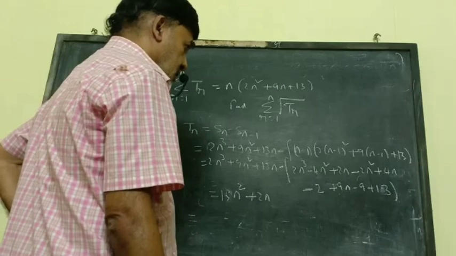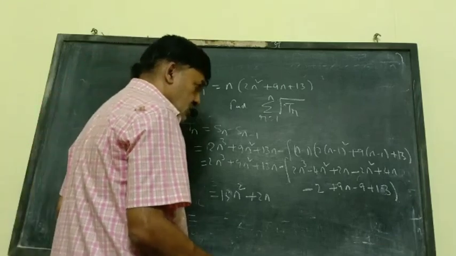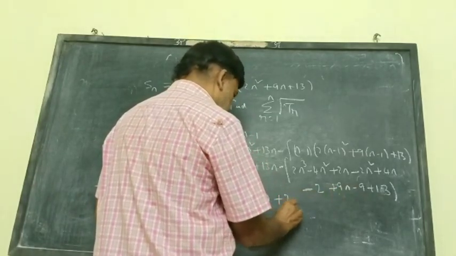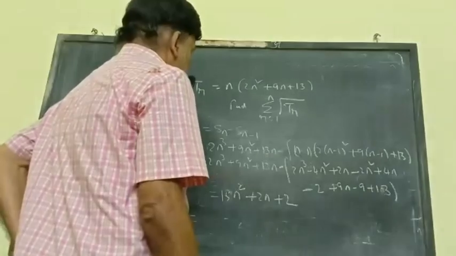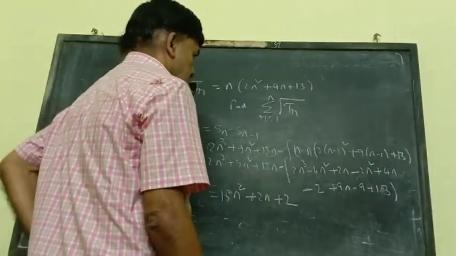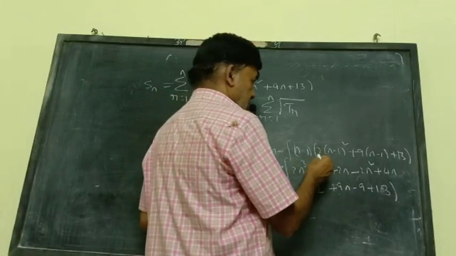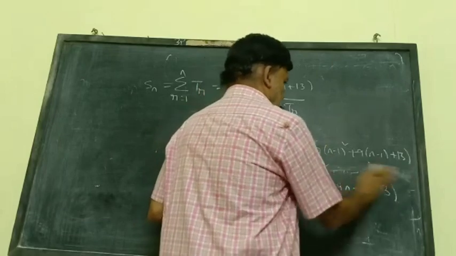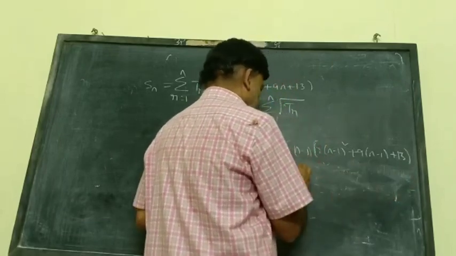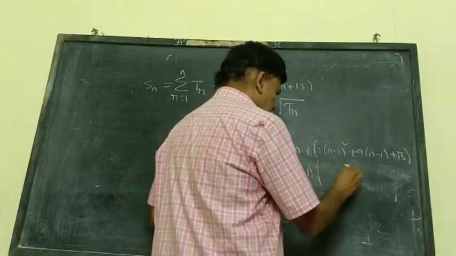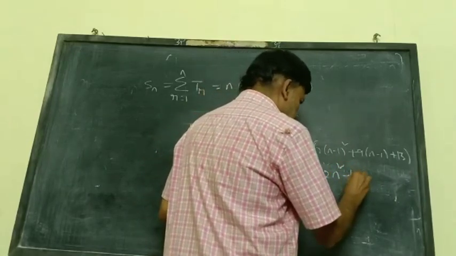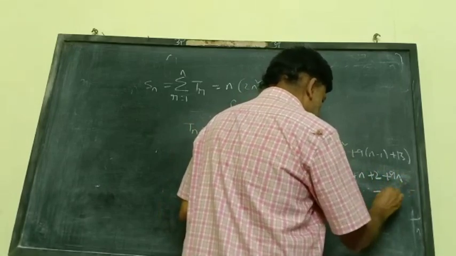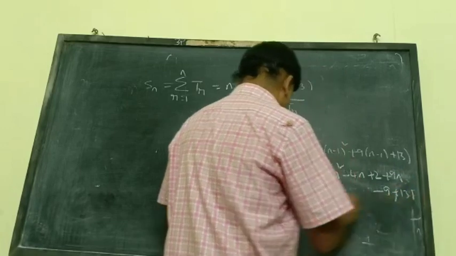Finally, constant how much? Plus 2n. So this expansion you watch: (n minus 1) into (2n squared minus 4n plus 2 plus 9n minus 9 plus 13).